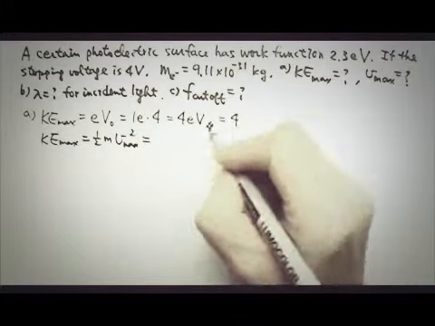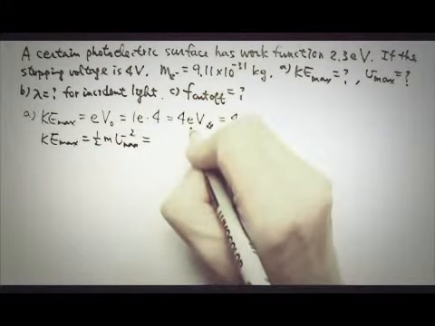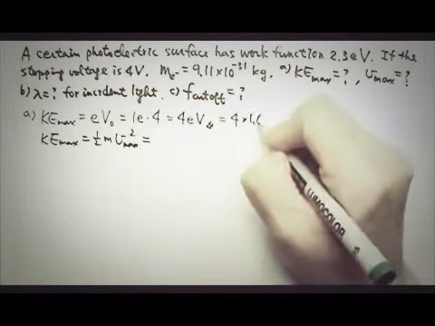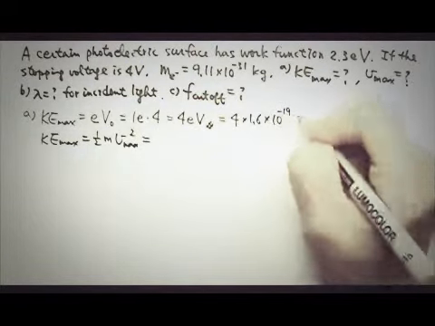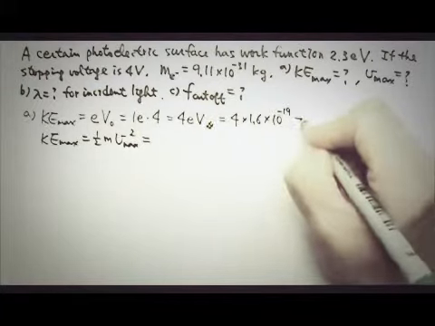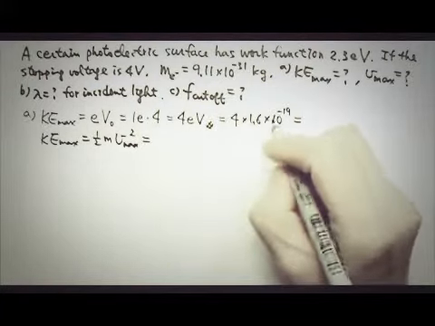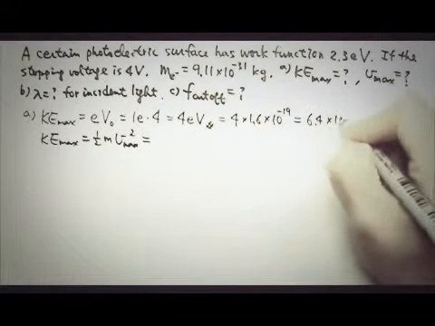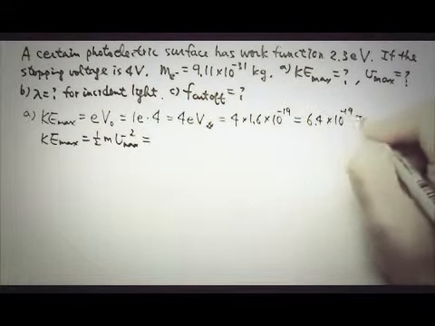So I'll have to replace the e with the standard unit in coulombs. 1 e is 1.6 times 10 to the negative 19th coulomb. So now, if I do this, I will have the energy in joules. This gives me 6.4 times 10 to the negative 19th joules.